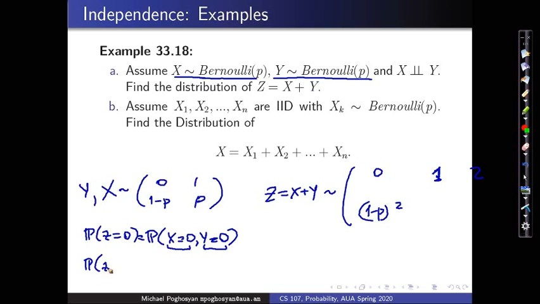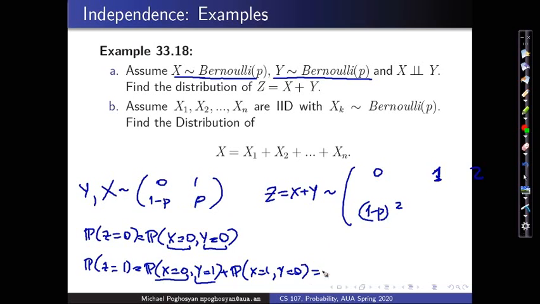The probability that Z is 1 is the probability that X is 0 and Y is 1, or X is 1 and Y is 0. This is the probability that X is 0 times the probability that Y is 1. The probability X is 0 is 1 minus p, Y is 1 is p.